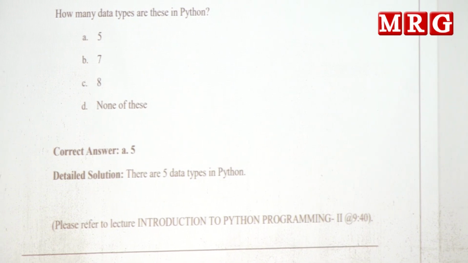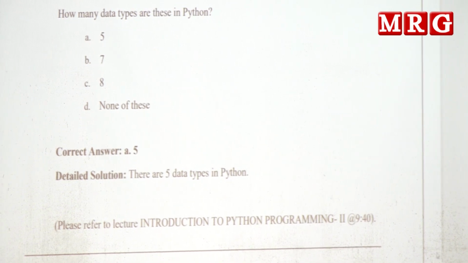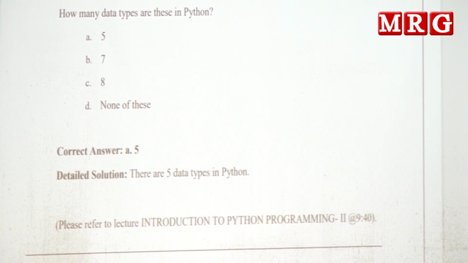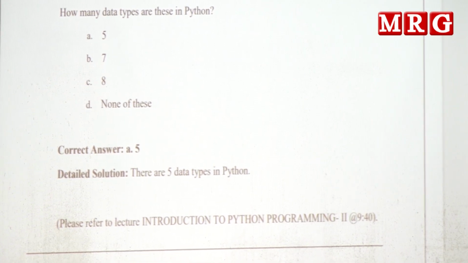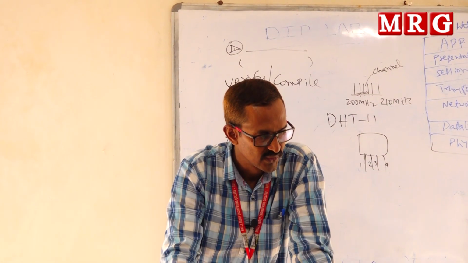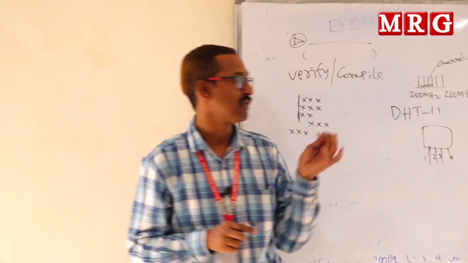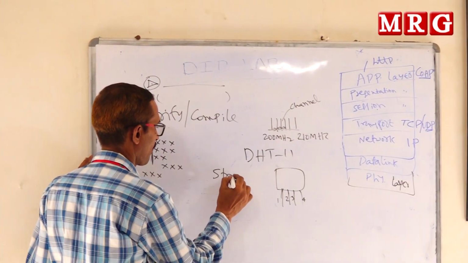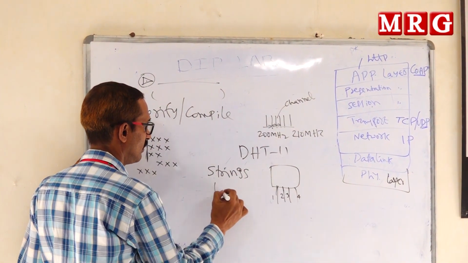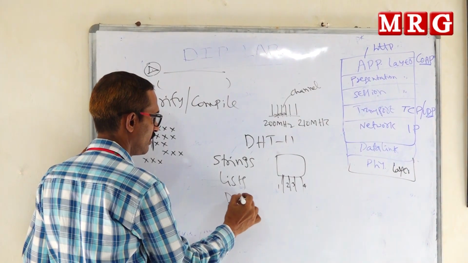What are the data types in Python? Integer, float, strings, lists, dictionary.